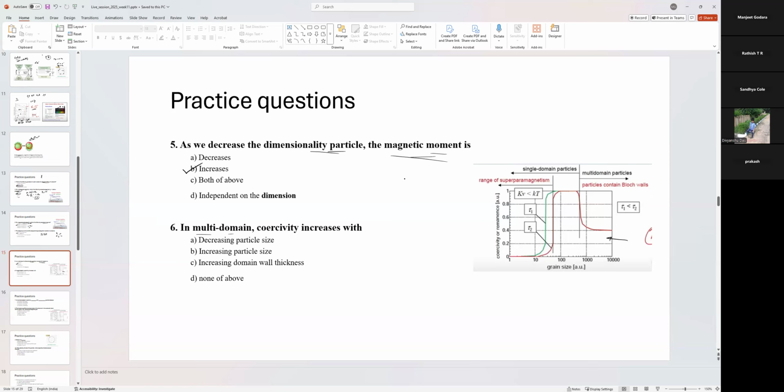In multi-domain, coercivity increases with decreasing particle size. So going to smaller particle size, coercivity will increase. In single domain, it initially remains unchanged, saturates, then it drops off, reduces sharply.